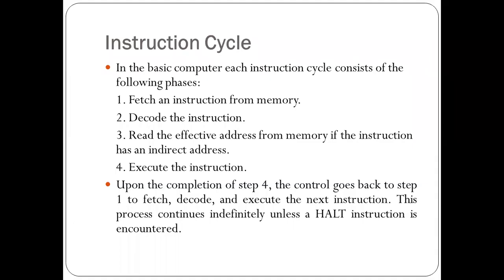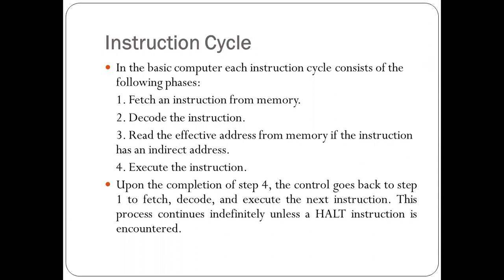After decoding, if you want to perform an operation between two operands, then you require the second operand. For example, if it is memory reference, you have to read the memory for your second operand. The address of the second operand is available in the remaining 12 bits.